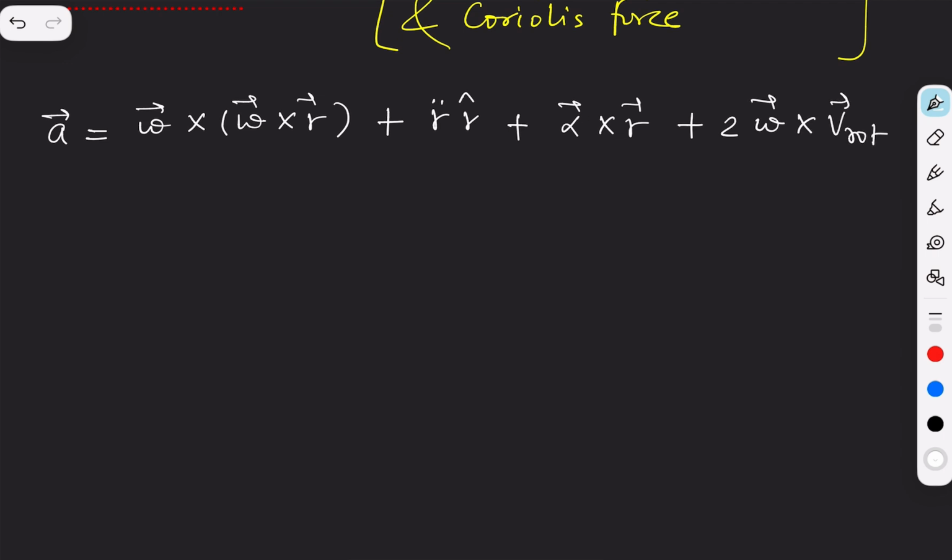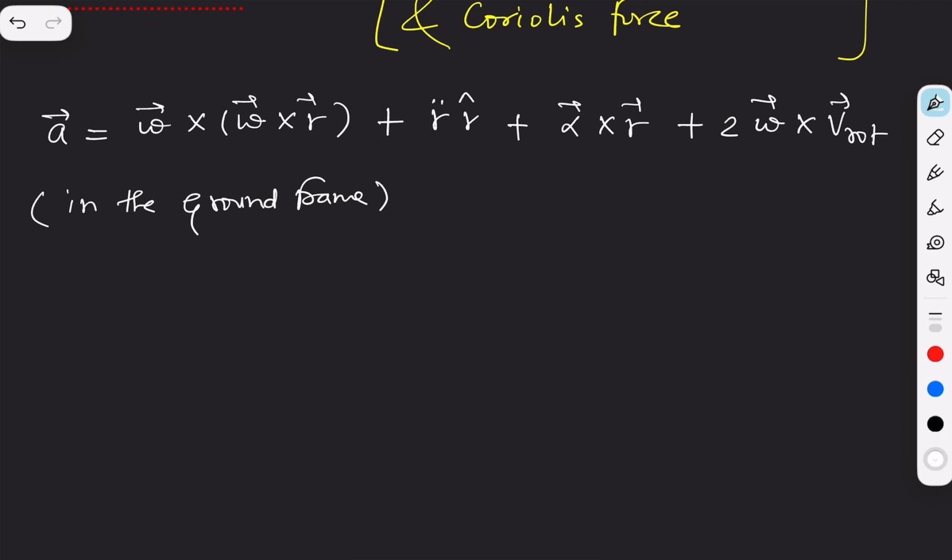We have already discussed what v rotational is. Now what we are discussing here is actually the ground frame. In the ground frame, this would be the acceleration of the body if it is moving on a general curve. But suppose you are sitting in a rotating frame.